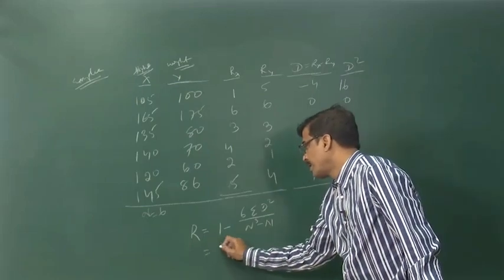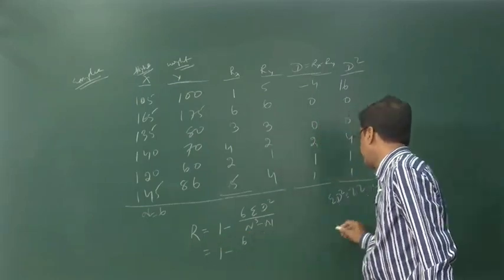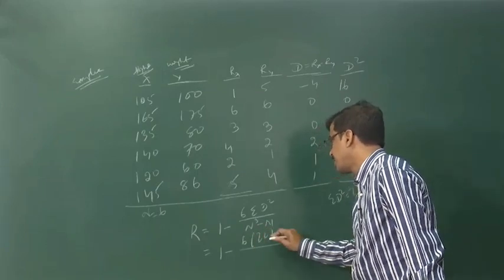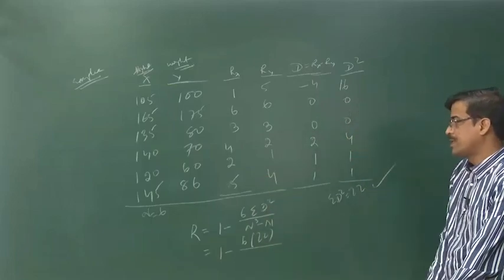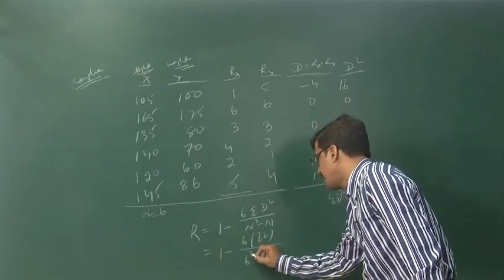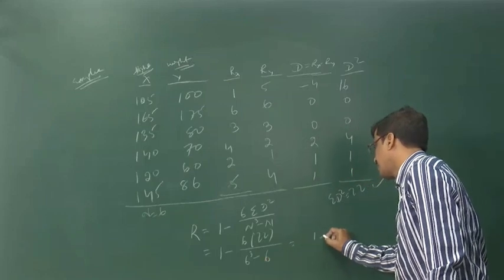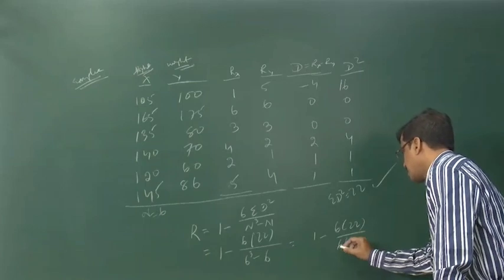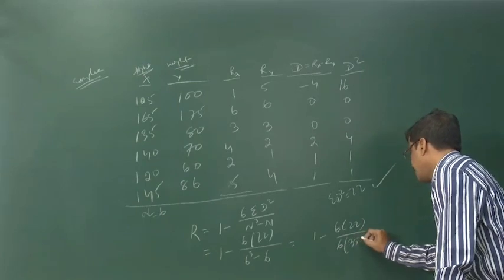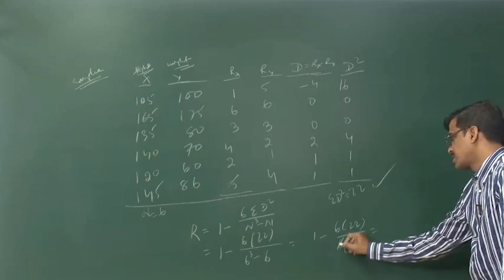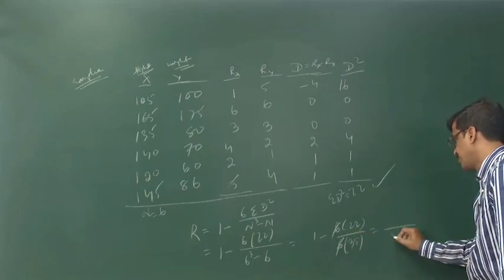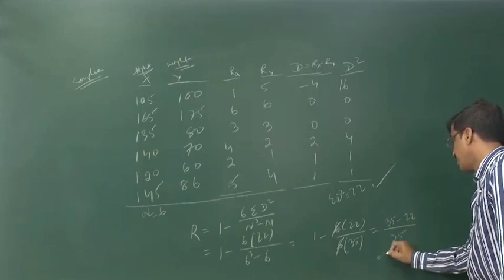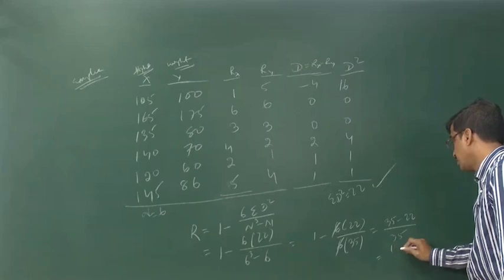Now 1 minus 6 into 22 divided by n cubed minus n; n is 6, therefore it is 6 cubed minus 6, which is 1 minus 6 into 22 divided by 6 common, 36 into 35. The 6 cancels out, take LCM as 35, then 35 minus 22, and we find 13.